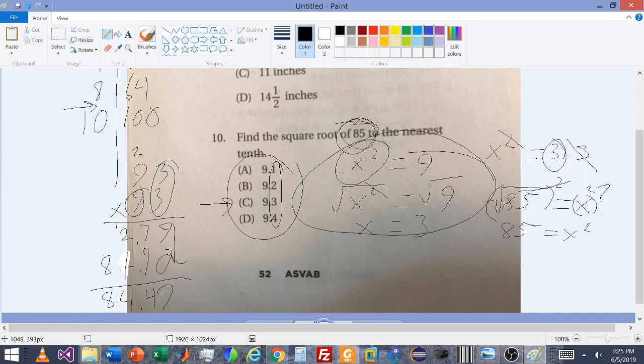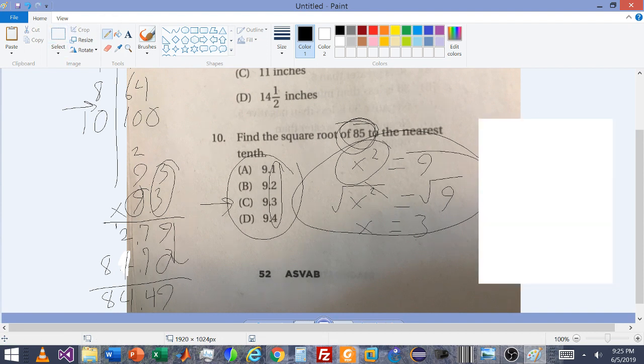Let's see if 9.4 can get us even closer. 9.4 times 9.4. I'm not going to have enough space there. Hold on. 9.4 times 9.4, so let's multiply that out. 4 times 4 is 16. Carry the 1. 4 times 9, so 36. And then similar, we're going to drop a 0. So 9 times 4 is 36.